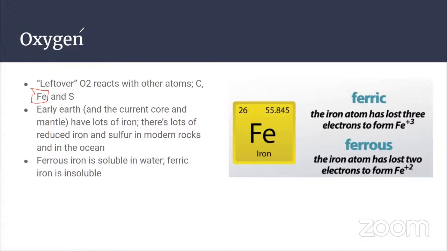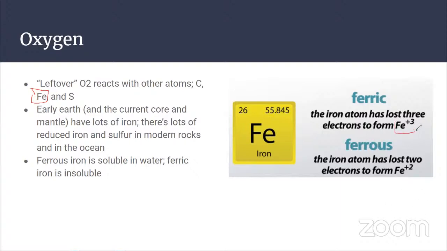The thing to know to understand our next bit of evidence is that some iron is soluble in water and some is not. Specifically, ferrous iron is soluble in water, so it's going to dissolve in the water, but ferric iron isn't. So that is talking about our different oxidation states.